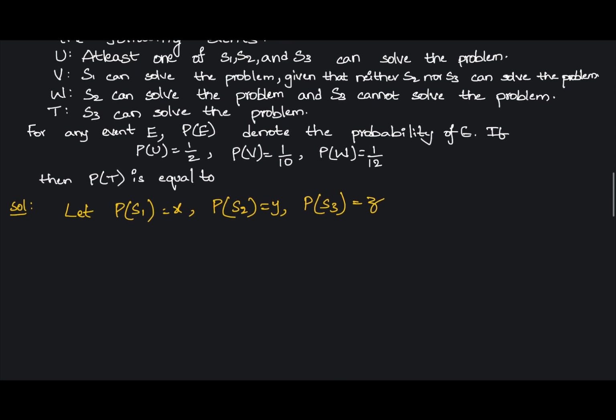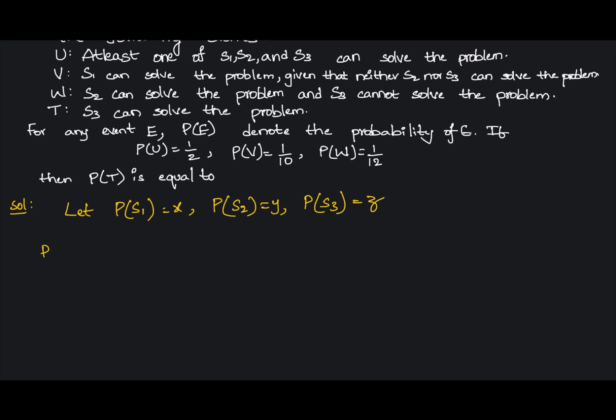And now let's take the event U, which says that at least one of the three can solve the problem. It can be represented as probability of U equal to probability of S1 union S2 union S3, which can also be written as 1 minus probability of S1 bar intersection S2 bar intersection S3 bar, which is equal to half.